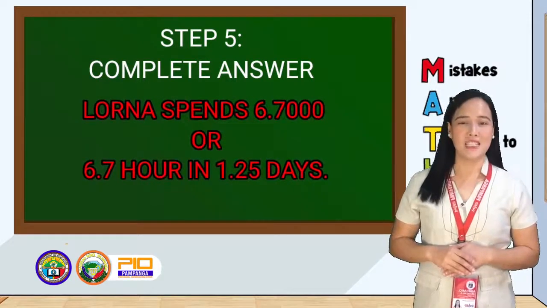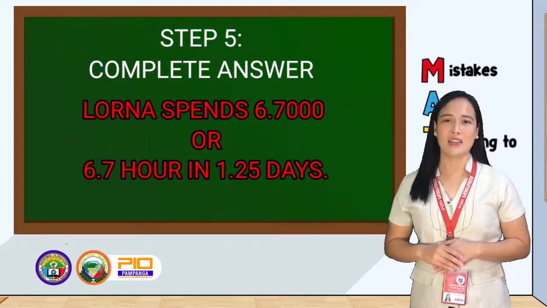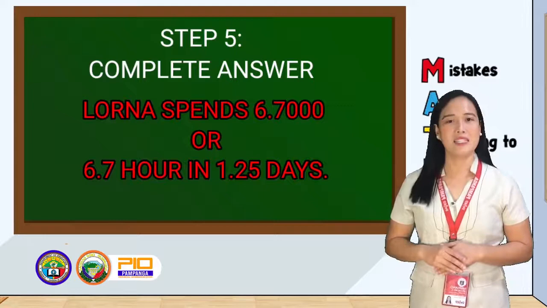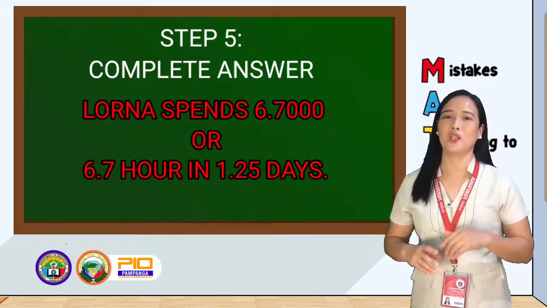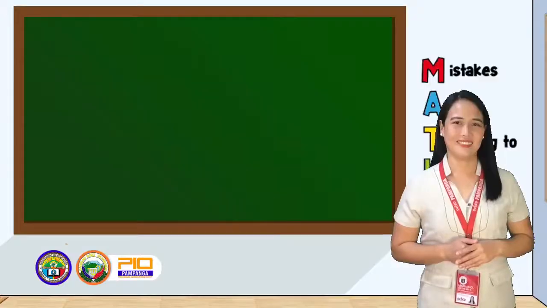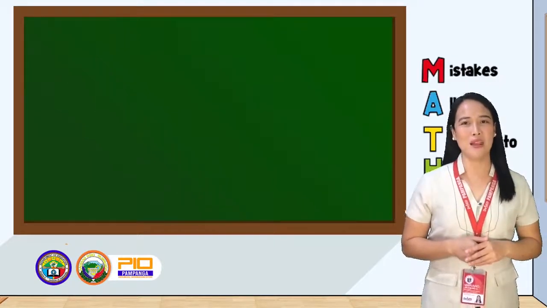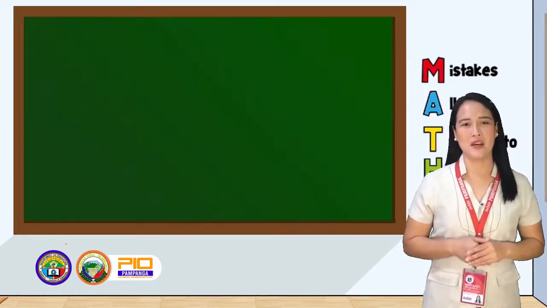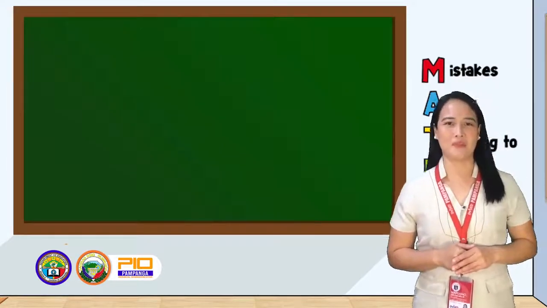Lorna spends 6 and 7,000 10,000ths hours or 6 and 7/10 hours in 1 and 2,500 days. Amazing, K-Kids! All you have to do is to multiply like whole numbers. For better understanding, let's try another one.